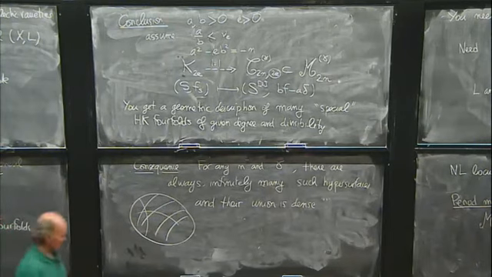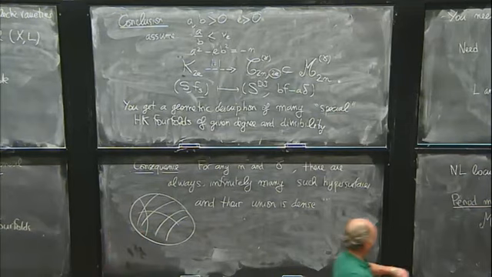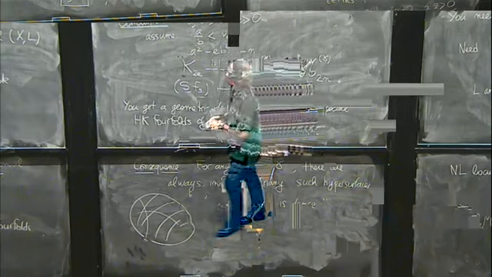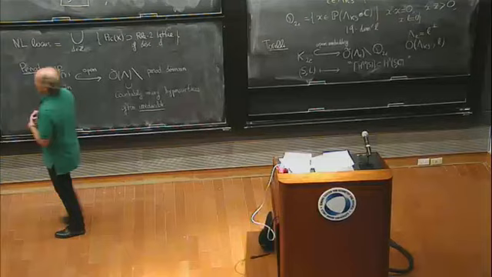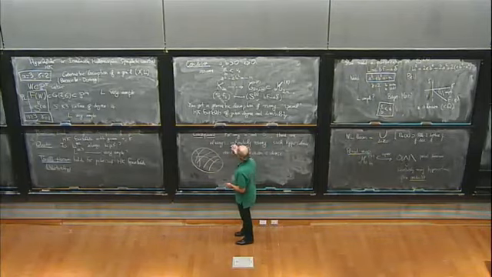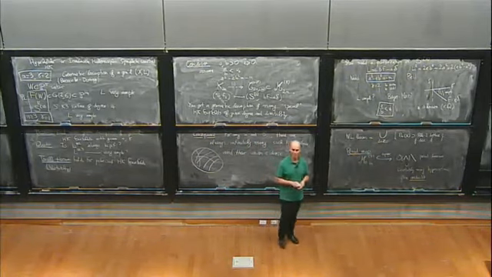I guess I have to stop here. I'm not sure that the conclusion of all this is very clear, but the idea is that for a dense set of points in the moduli space, you do have a geometric description.